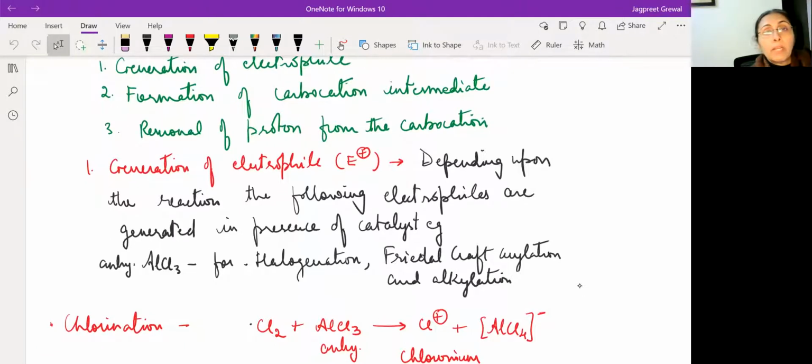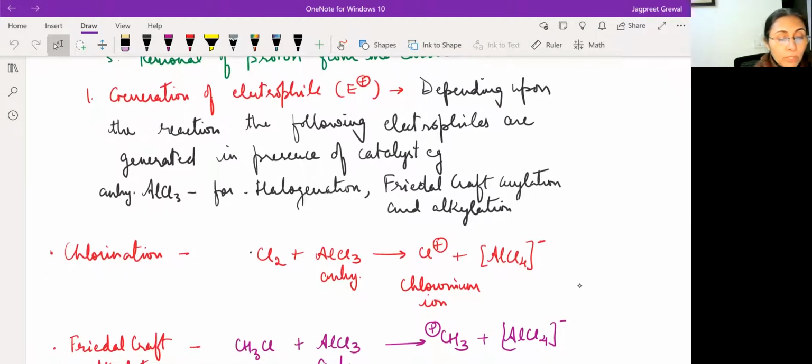So benzene being electron rich will attract which type of attacking reagents? It will attract the electrophile towards itself, which are the electron deficient species. So first of all, we have to generate the electrophile. So how is that generated? It depends upon the type of the reaction or which substitution you have to do on the benzene ring.